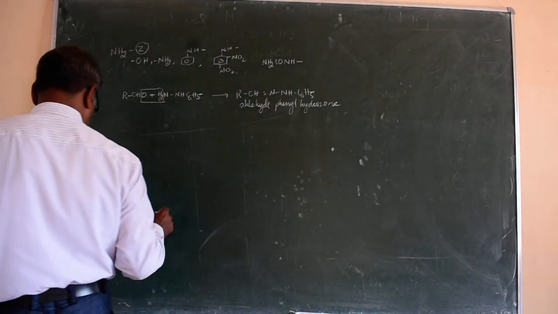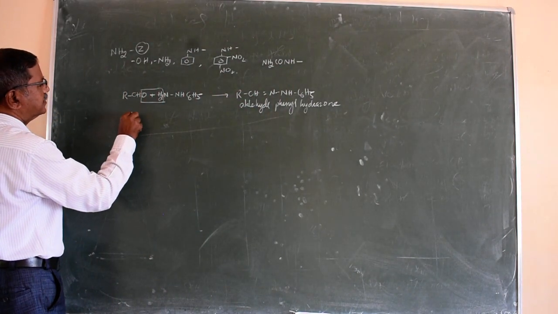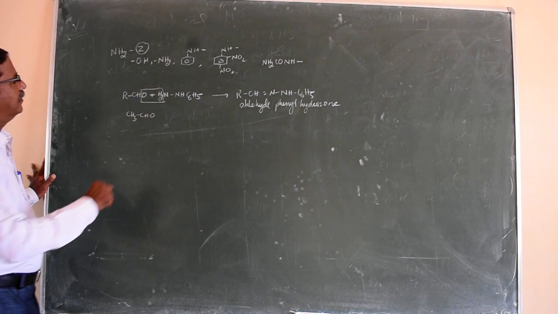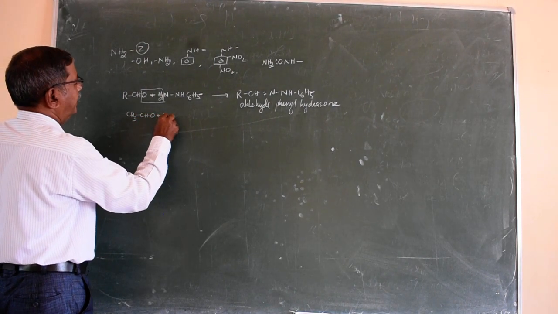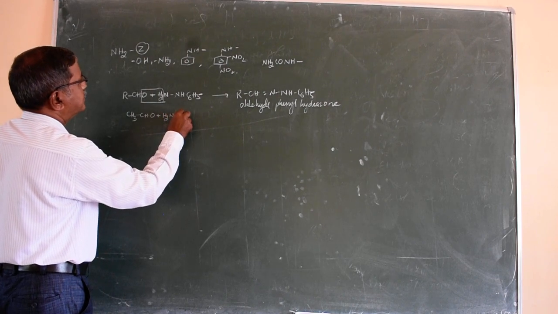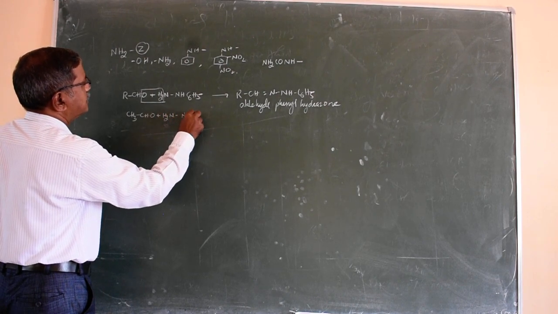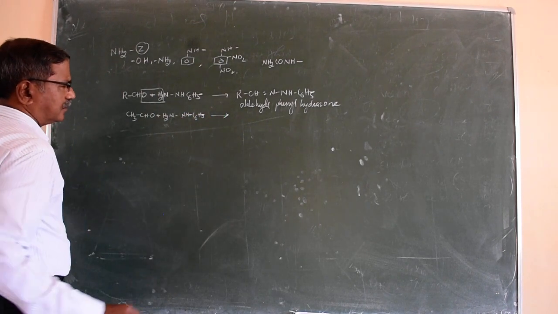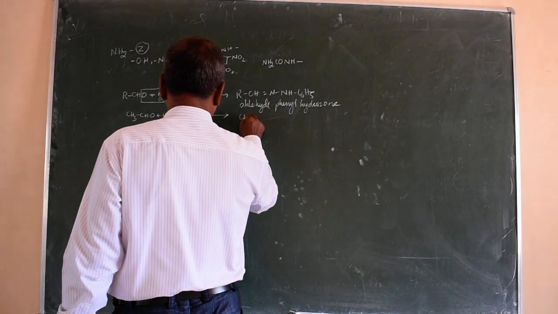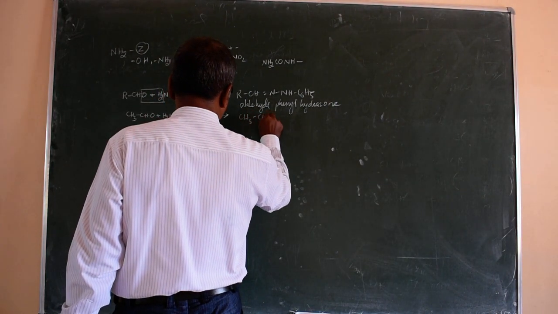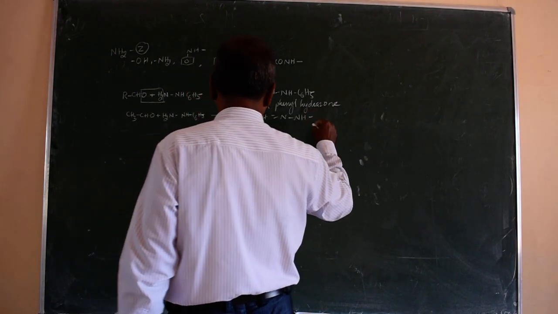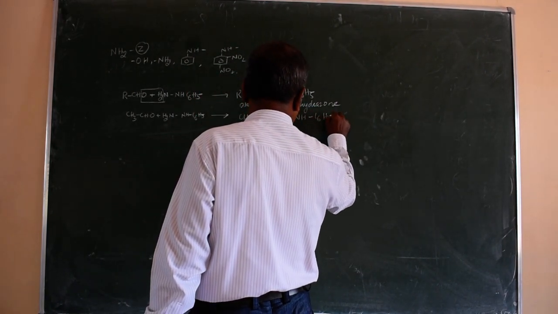Suppose the aldehyde is CH3CHO, we know it is called acetaldehyde. Then with phenylhydrazine, the product is acetaldehyde phenylhydrazone. So the formula is CH3CH double bond N NH C6H5.